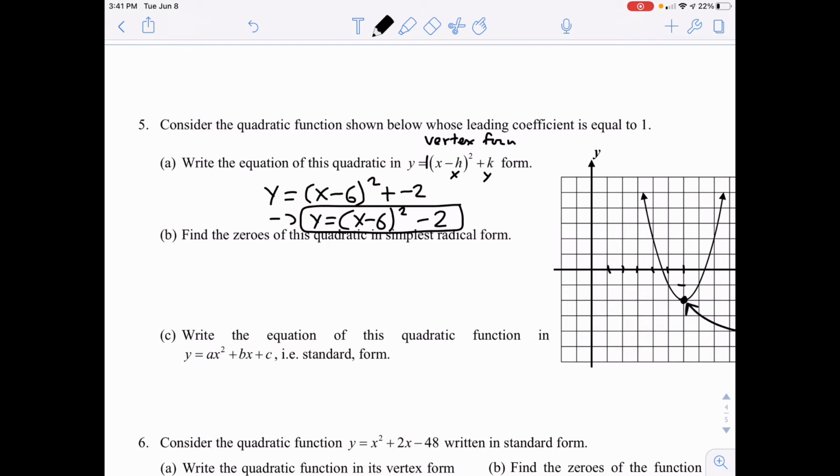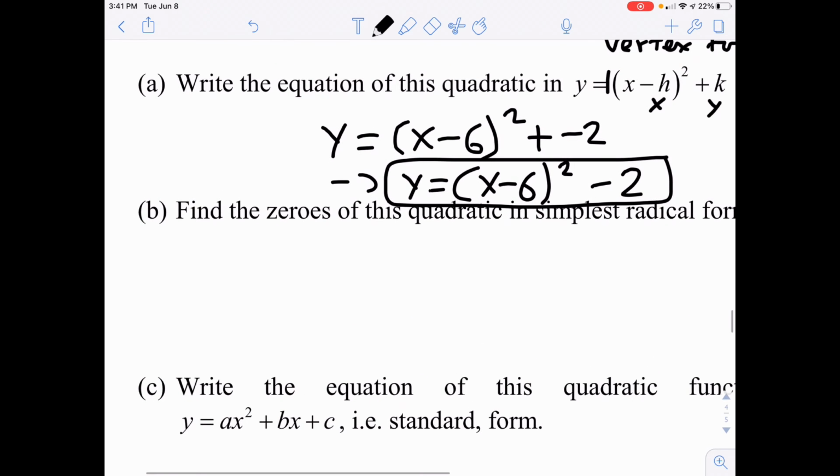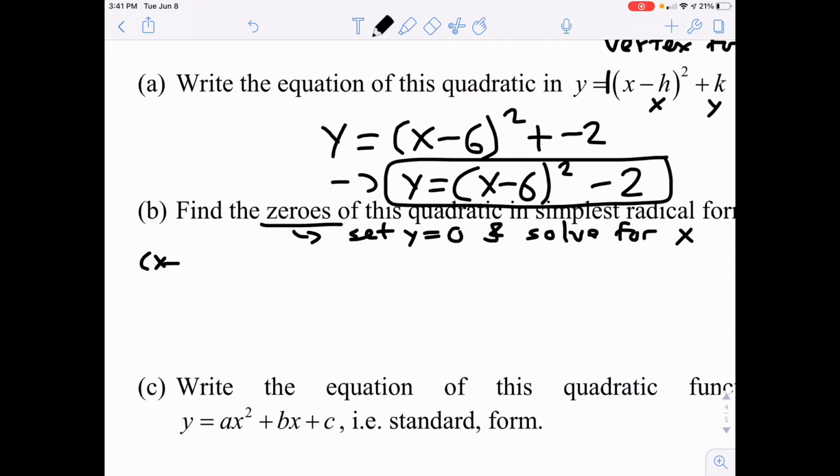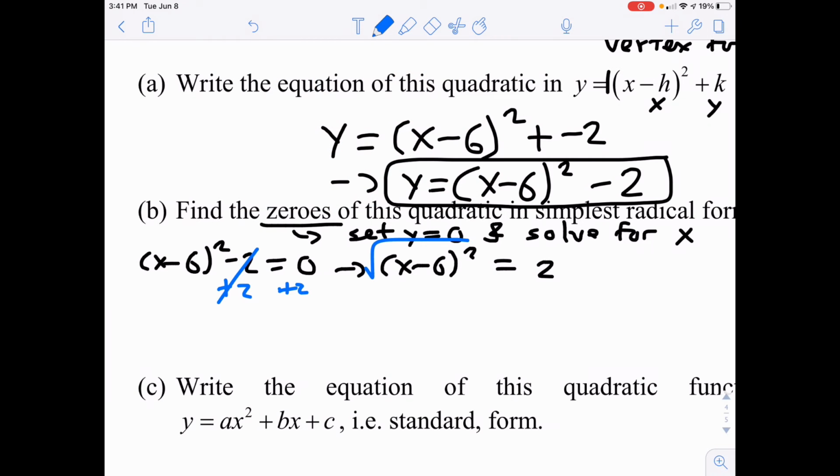Now, how do I find the zeros? Well, to find the zeros, set y equal to 0 and solve for x. So we're going to go x minus 6 squared minus 2 equals 0. Let's begin this by adding 2 to both sides. And we get quantity x minus 6 squared equals 2. Take the square root of both sides.